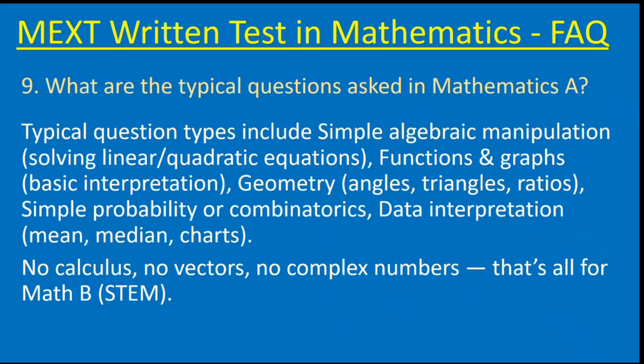There is no calculus, no vectors, no complex numbers in Mathematics A. That's all reserved for Mathematics B, that is the STEM category, the science, natural sciences and engineering category.